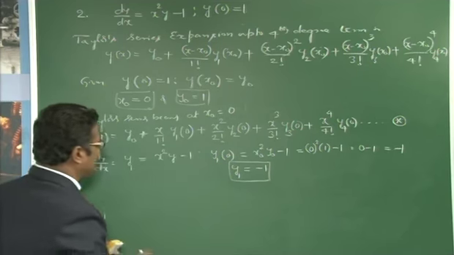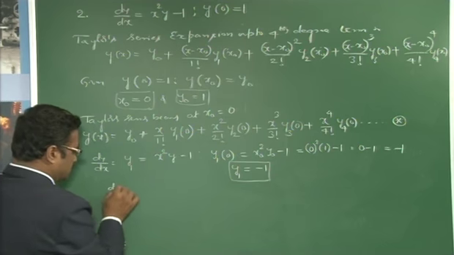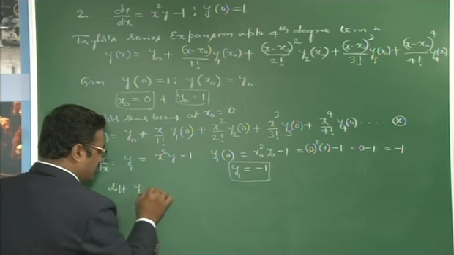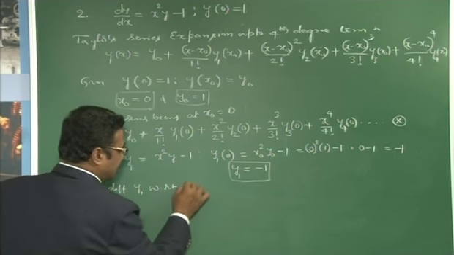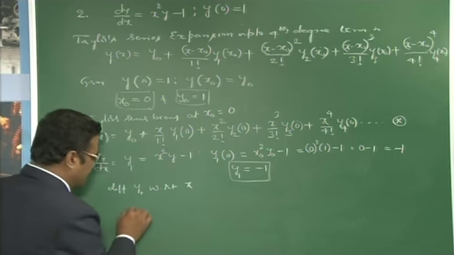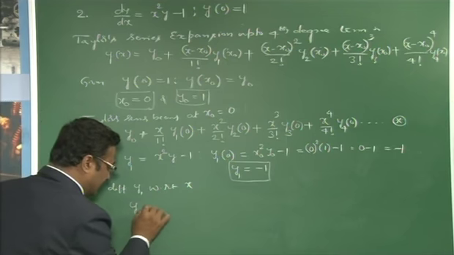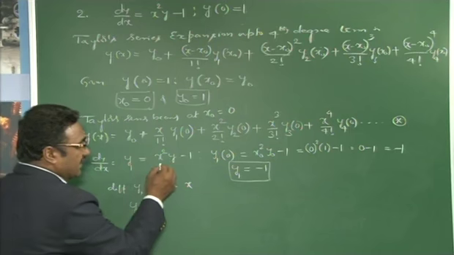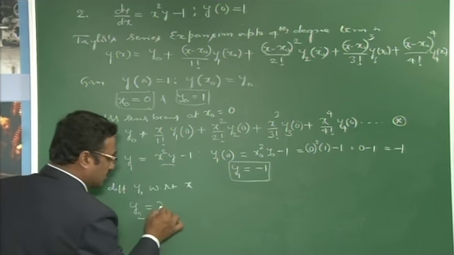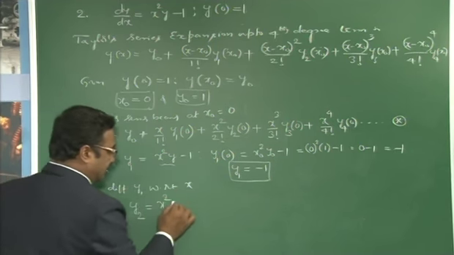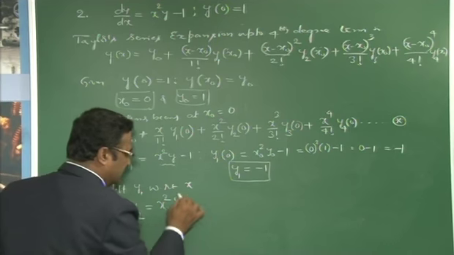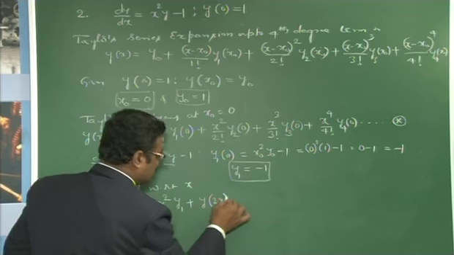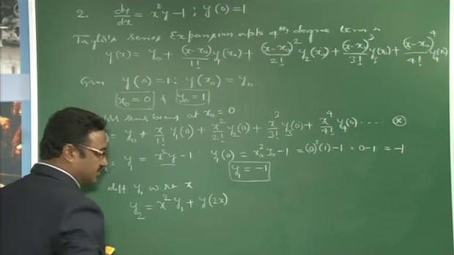Then differentiate y1 with respect to x, and we get y2. For the differentiation we have to apply the product rule: first into second plus second into first. The differentiation of 1 becomes 0.